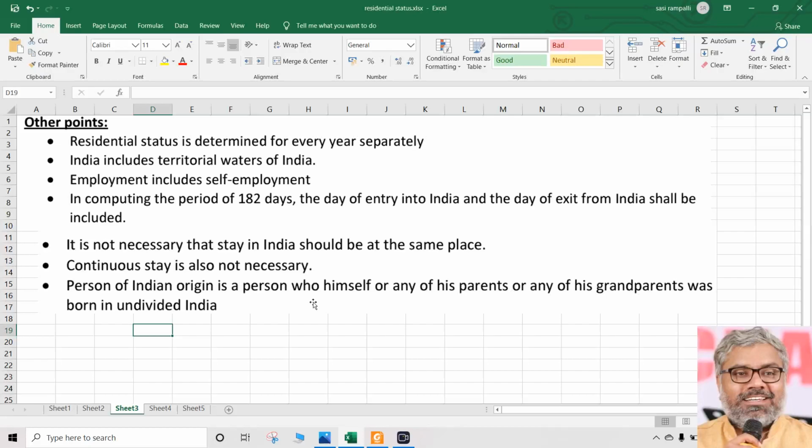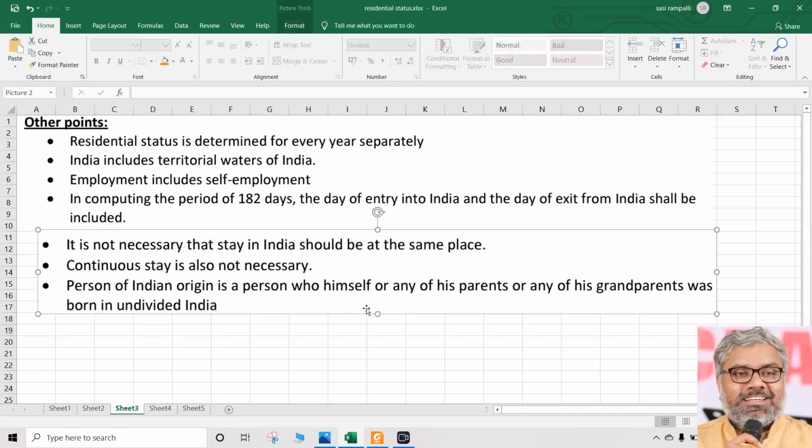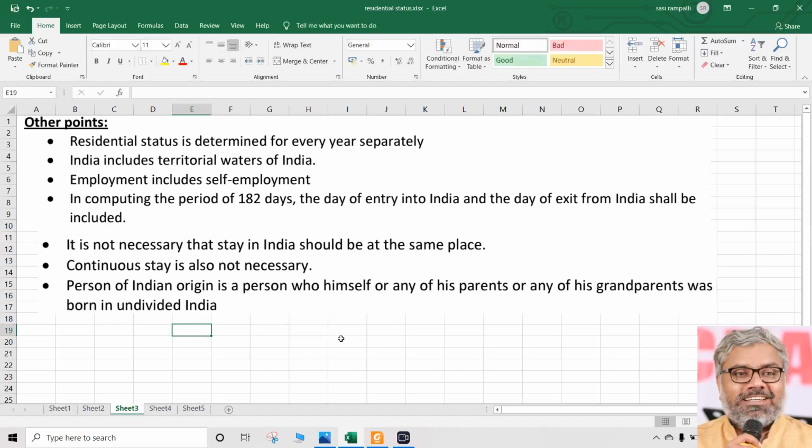Then, can this young person be called as person of Indian origin? Absolutely yes. Why? Though he is not born in undivided India, though his parents were not born in undivided India, his grandparents, any one of them is enough. If they were born in undivided India, then that person will be called as person of Indian origin.